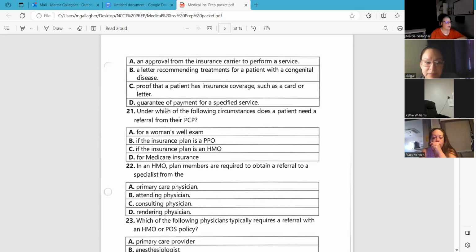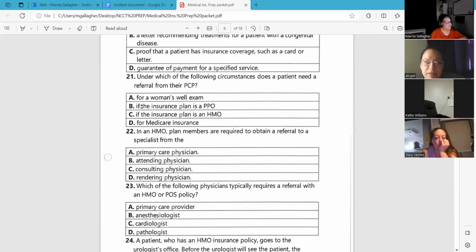Number 21, under which of the following circumstances does a patient need a referral from their PCP? Remember our HMO, PPO? Are we ready for a woman's well exam? If the insurance plan is a PPO, if the insurance plan is an HMO, for Medicare insurance.